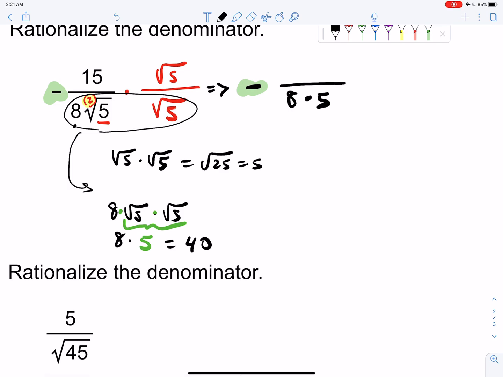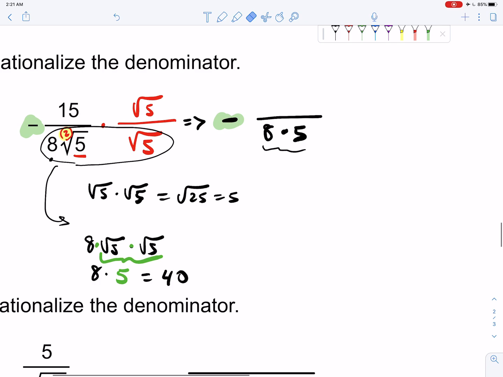Now, the disadvantage of multiplying this is at this step, which is no problem if you do, but you're going to notice 15 has a 5 in it also. So you're going to have to sort that out in the end. So sometimes leaving things factored is just quicker. Look at what happens up top. 15 times root 5 is going to give you 15 root 5.